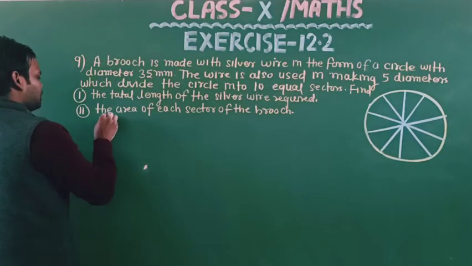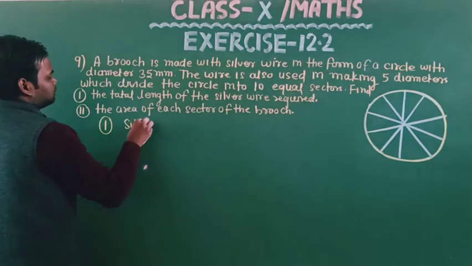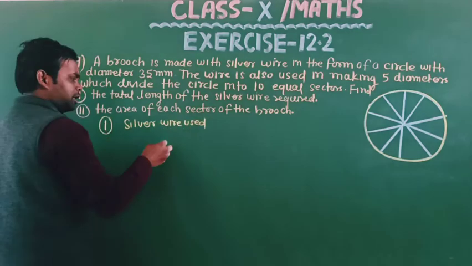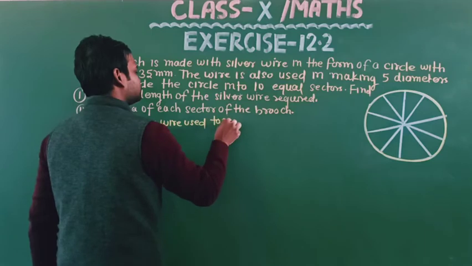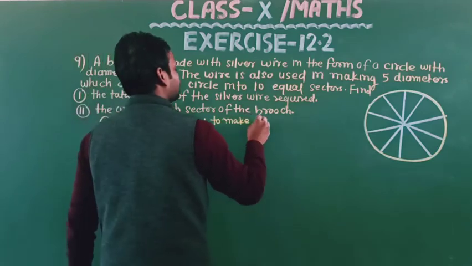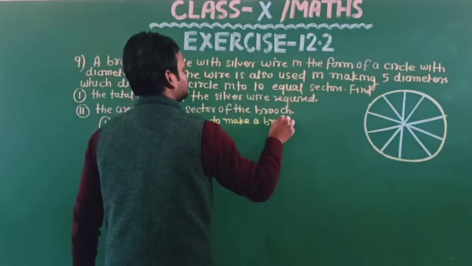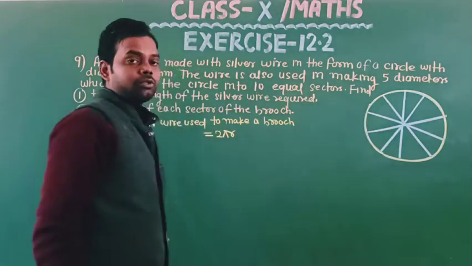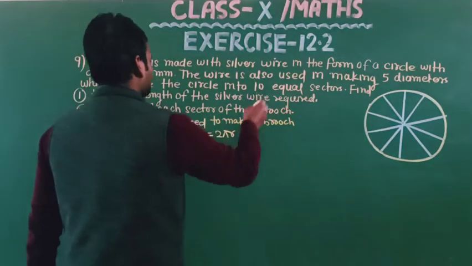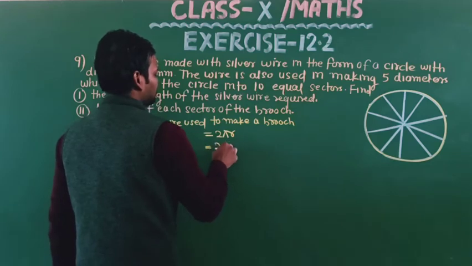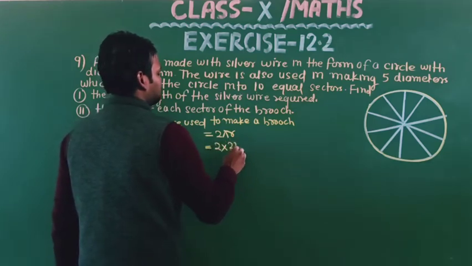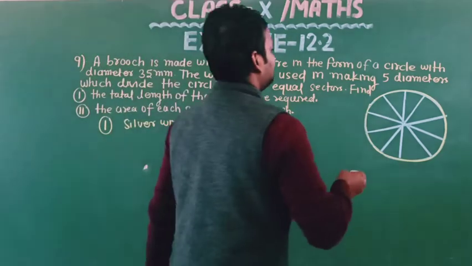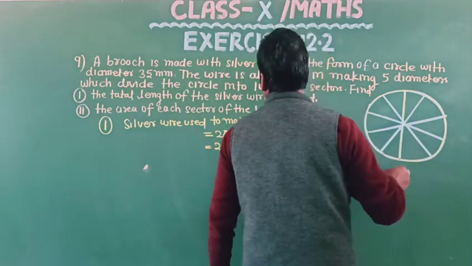The solution of the first part: silver wire used to make a brooch is equal to the circumference of the circle, this means 2 pi r. So this is 2, the value of pi is 22/7, and here the diameter is given, which is equal to 35 mm.